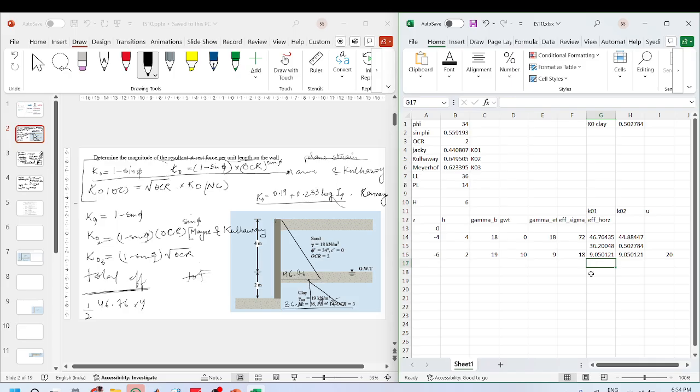So at the base we will have 45 point something like this. And we have to calculate the area here and the area here to get the total stress.